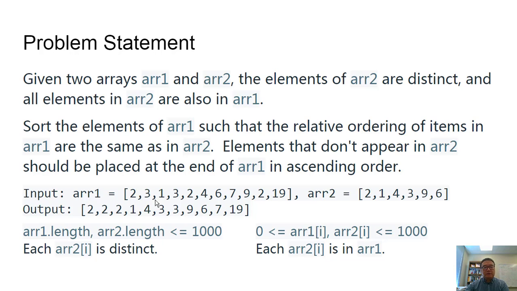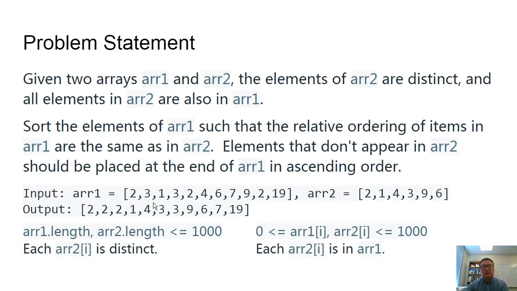So I think it's best to look at the example. This is array 1, and array 2 includes 2, 1, 4, 3, 9, 6. So these 2, 1, 4, 3, 9, 6 should appear at the beginning of the output. Also, the number of each element should be the same as the number of times that the element appears in array 1. So 2 appears 3 times in array 1, so there should be three 2s here, followed by a single 1, 4, 3, and so on.